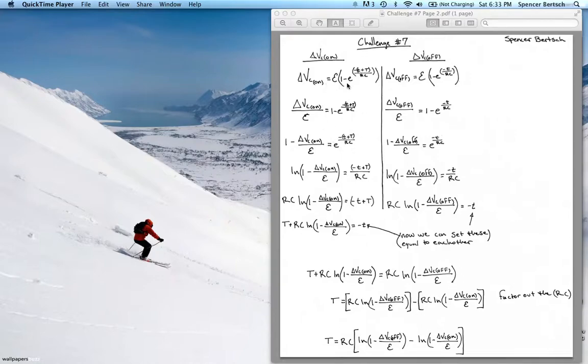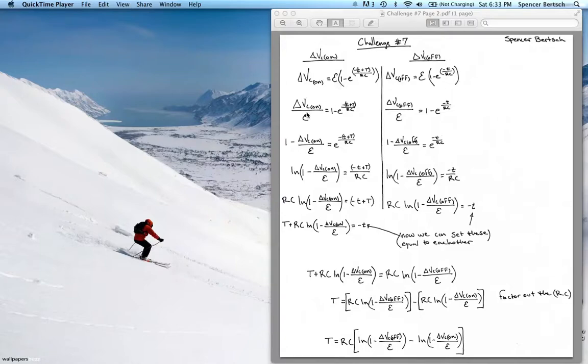So delta VC on is equal to E times 1 minus e to the negative (t, which is that point on the x-axis, plus capital T, which is that distance of one period length of the charging and discharging) over RC, as opposed to delta VC off, where the only difference is this capital T missing. And then you solve these for T in the exact same way.